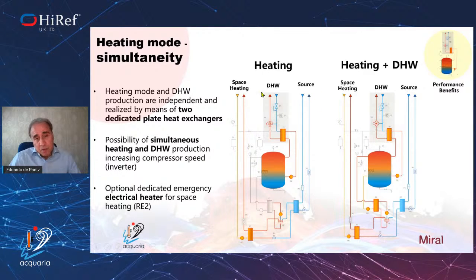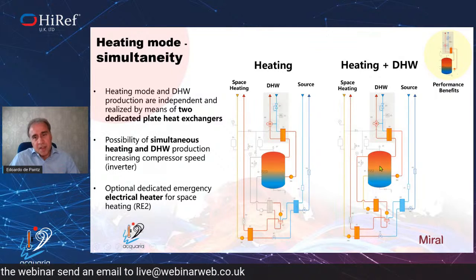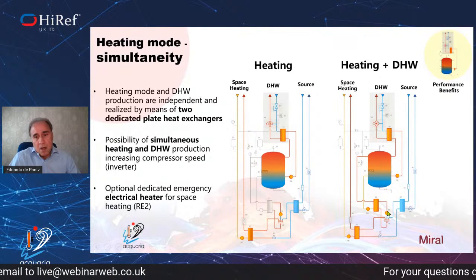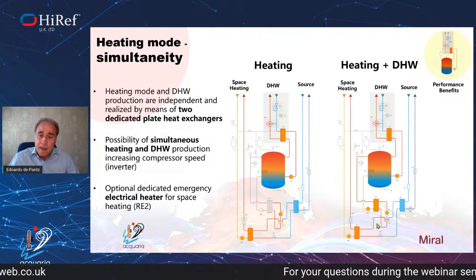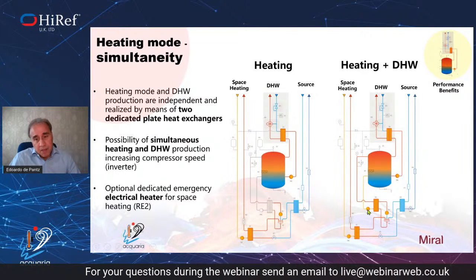If in this situation there is a request for domestic hot water, that can be done simultaneously because there is a dedicated heat exchanger for the domestic hot water. So the two can be done simultaneously and independently. If during this the temperature inside the tank is decreasing, the thermostat gives the consensus to the system for the tank to be replenished. In that case, this pump is activated.